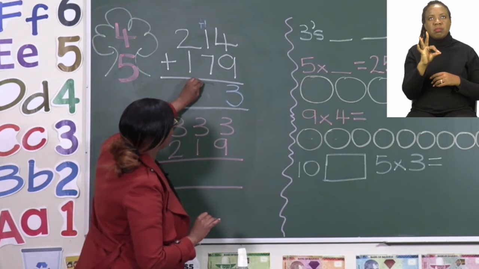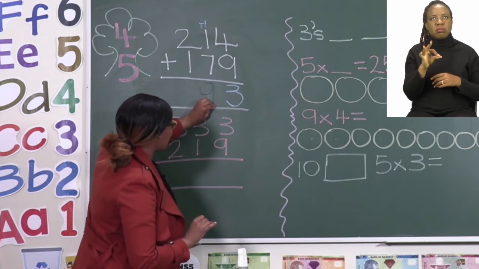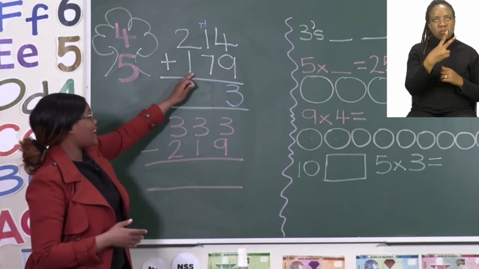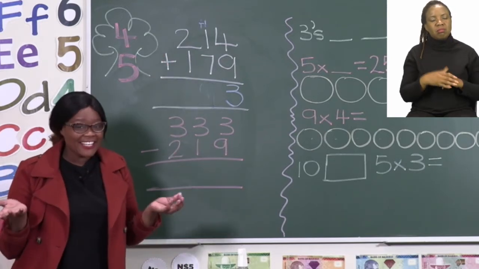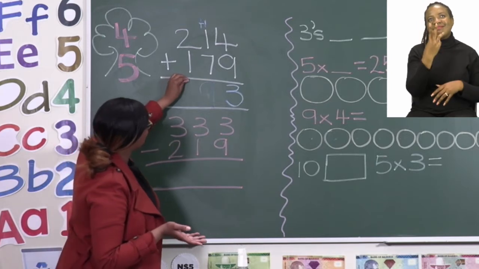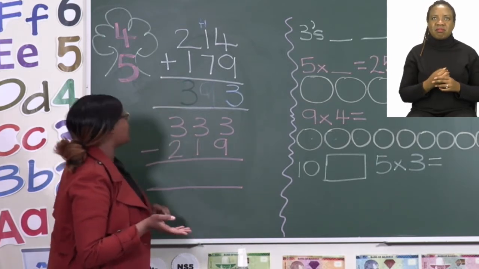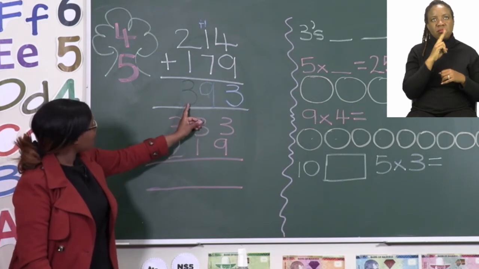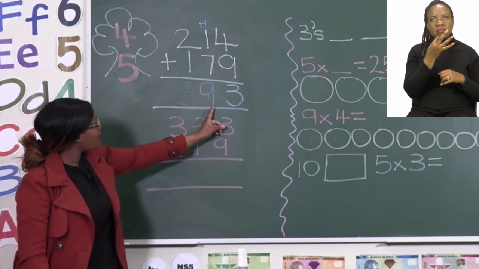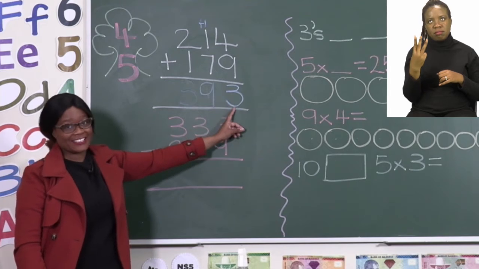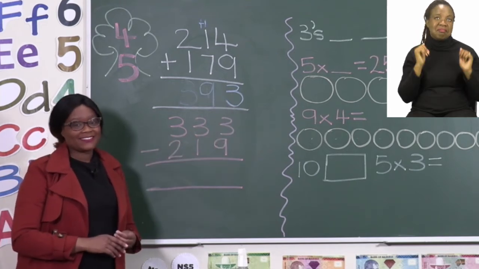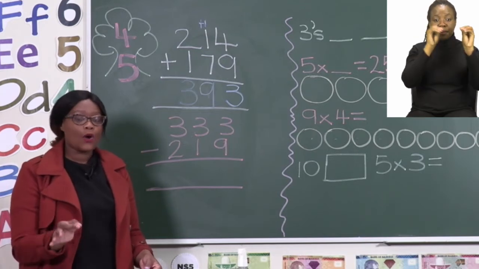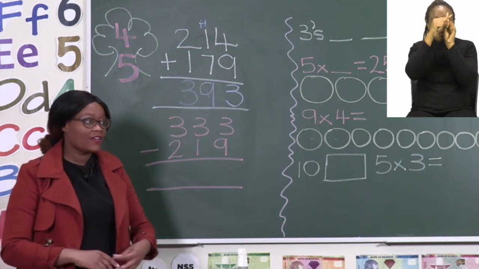So we are going to write our 9. And then the last part, 2 plus 1, we definitely know is 3. Our final answer is, let's say it together, 393.